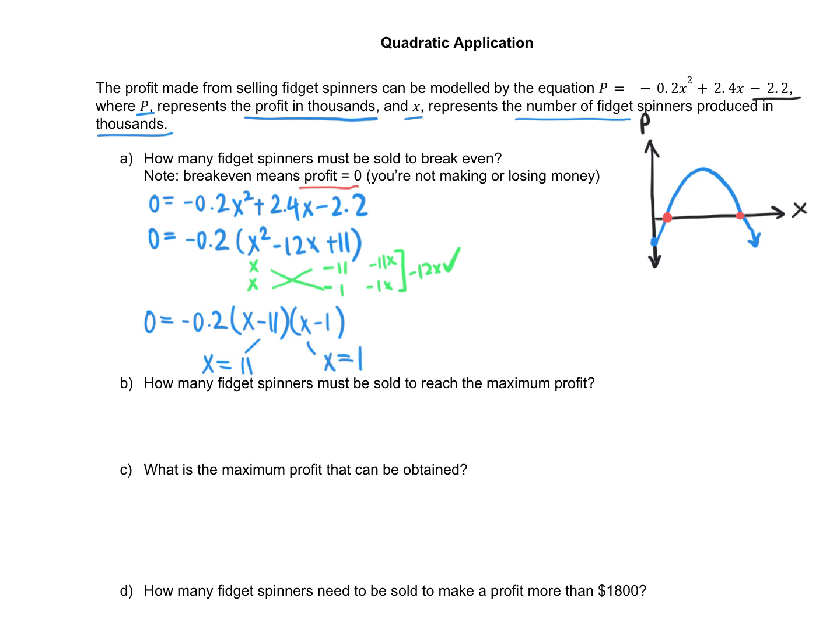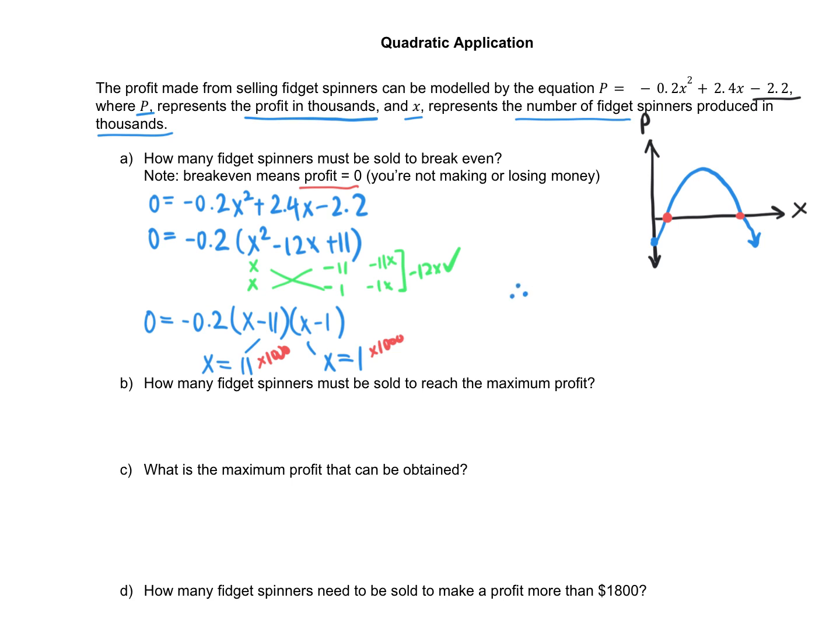Now, x represents the number of fidget spinners in thousands. So I'm not selling 1 or 11 fidget spinners, I'm selling 1,000, 11,000 fidget spinners. And that's what I'm going to write in my therefore statement.